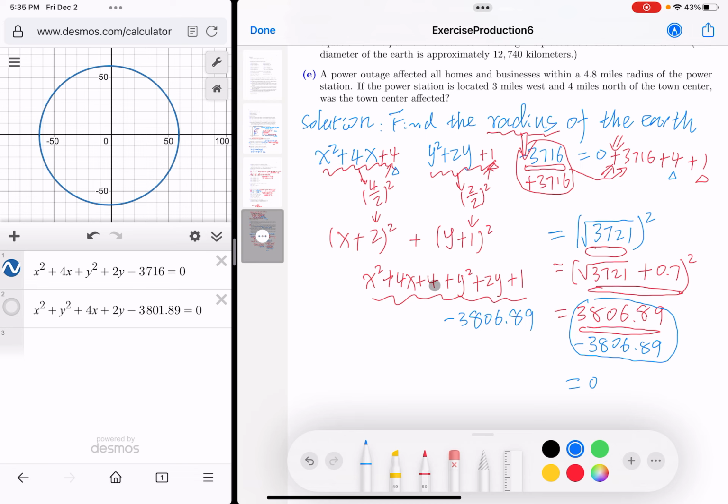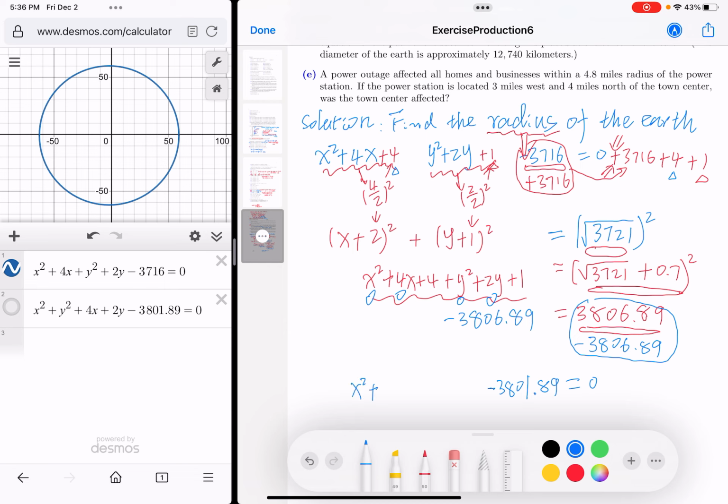On the left-hand side you have a 4 and a 1, which is 5 together. So then the constant will be negative 3801.89, since 6 minus 5 gives 1, and then 0.89.